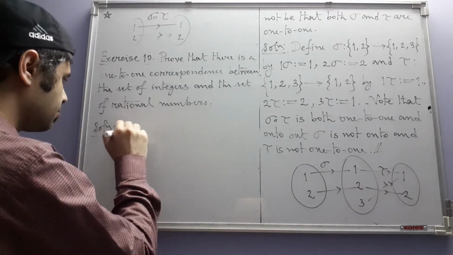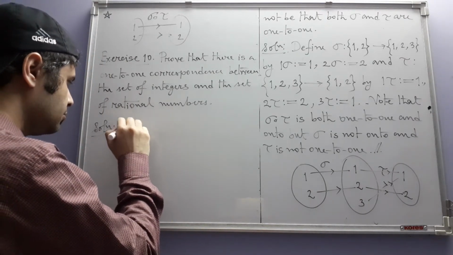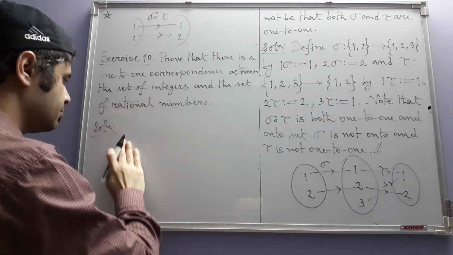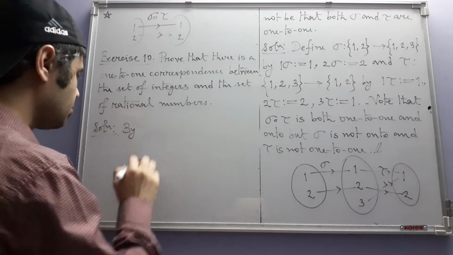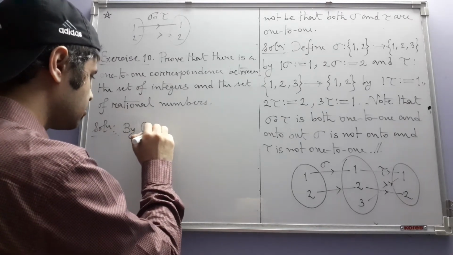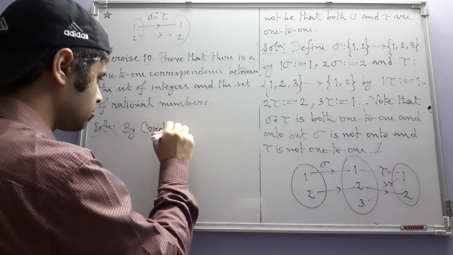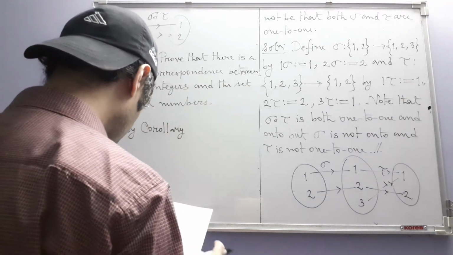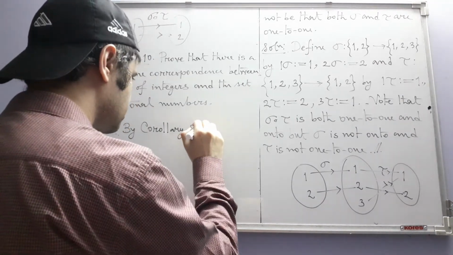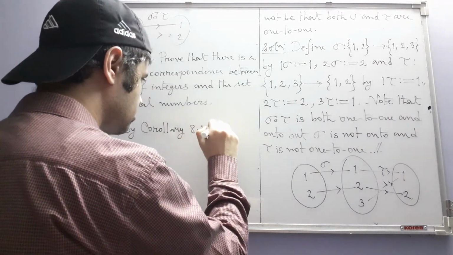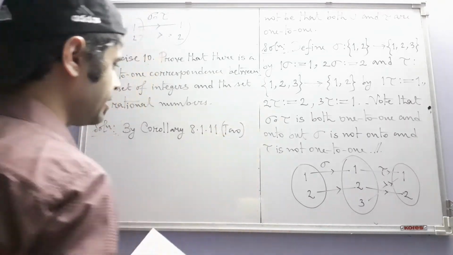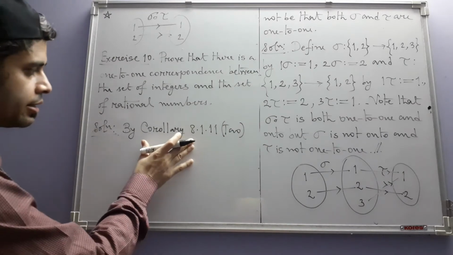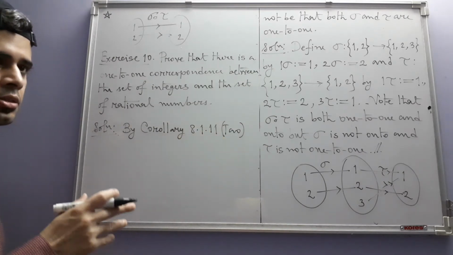So by corollary (8, 1, 11) top. When I write something like this, you will have to understand that this is coming from Analysis 1 by Tao.